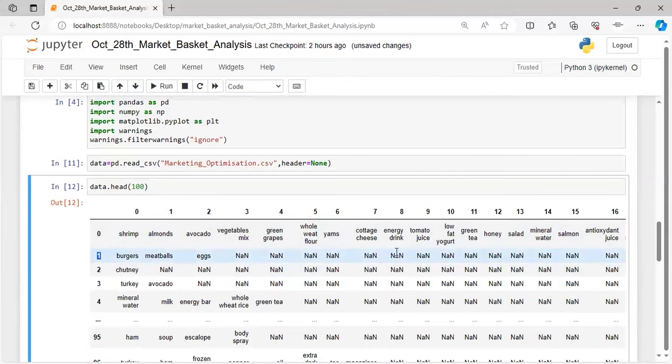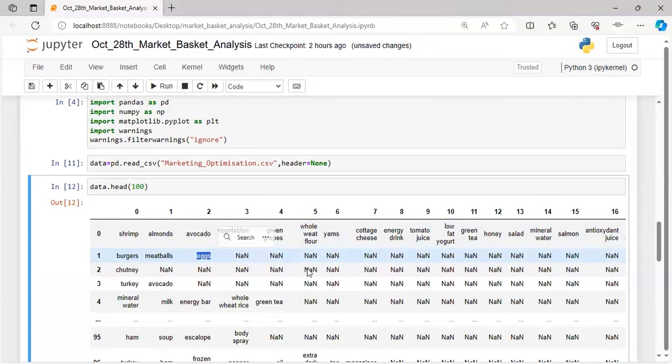So this indicates that energy drink is not there, cottage cheese is not there, yum is not there, whole wheat flour is not there, green grapes is not there, vegetable mix is not there, and this avocado has no meaning because they have specifically specified eggs.